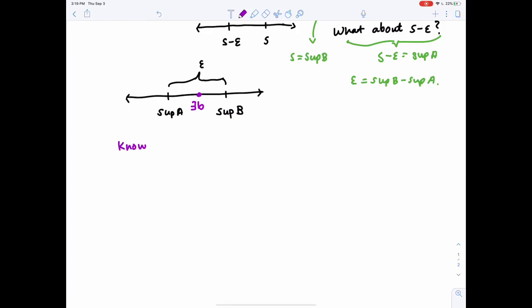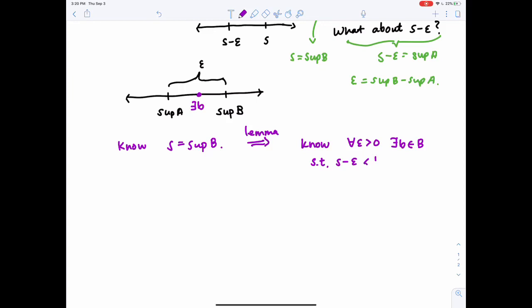We know S equals sup B. And so according to the lemma, because it's an if and only if statement, we now know that for all epsilon greater than 0, there exists a little b in B such that S minus epsilon is less than b.